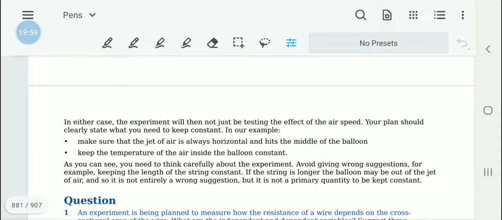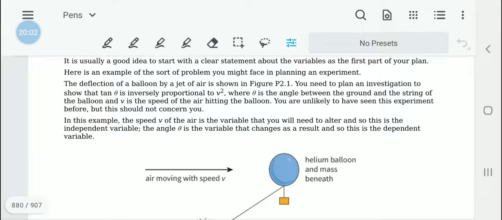I hope I did not confuse you with the dependent and the independent variable. The independent variable is what we change. In this particular situation, because we are testing the effect of changing airspeed, we change the airspeed. That is the independent variable.